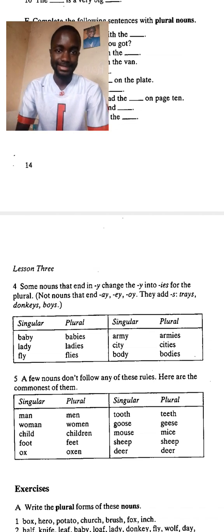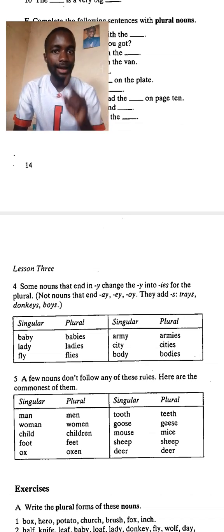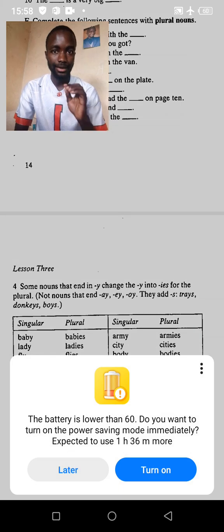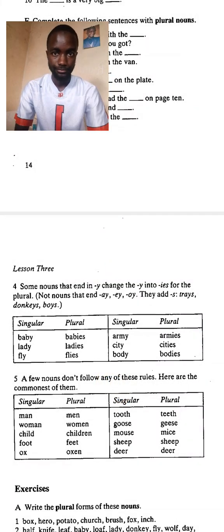See this. It says, words that end in Y. We change the word to an irregular plural by removing the Y and adding IES, but not words that end in AY, meaning there is a vowel letter before the Y. That's a mistake.